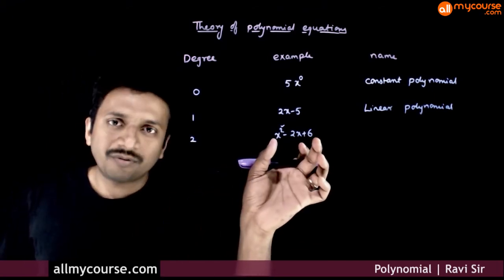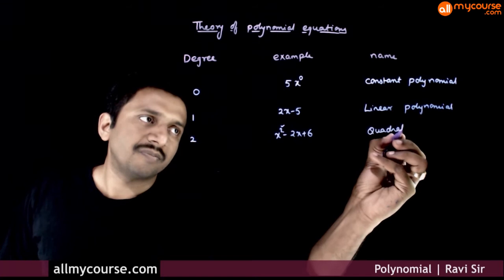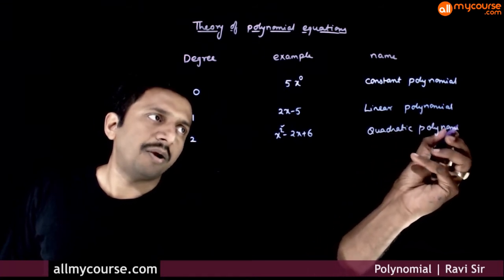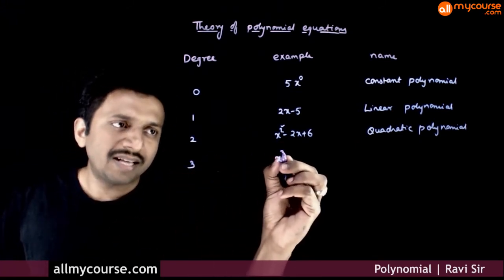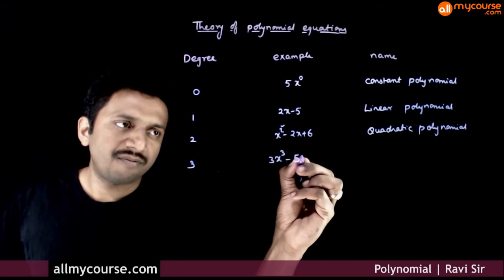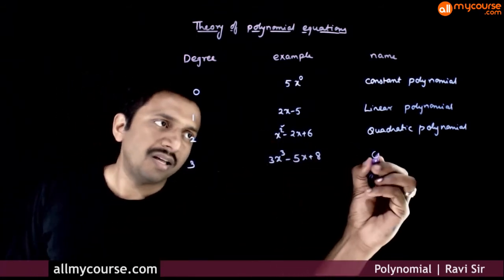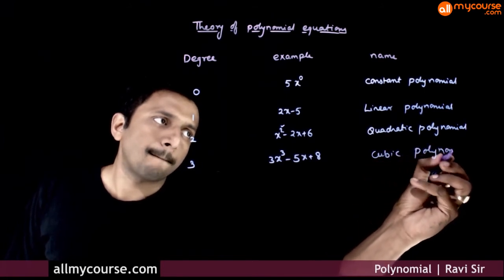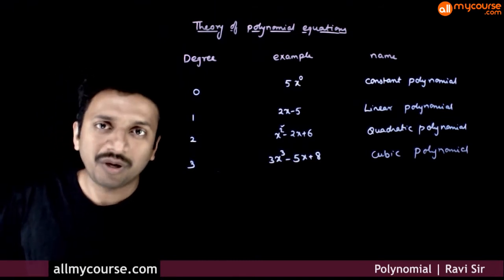And this type of polynomial is called a quadratic polynomial. And if the degree is 3, for example, 3x cube minus 5x plus 8, this is called a cubic polynomial. If the degree is 3, then the polynomial is called a cubic polynomial.